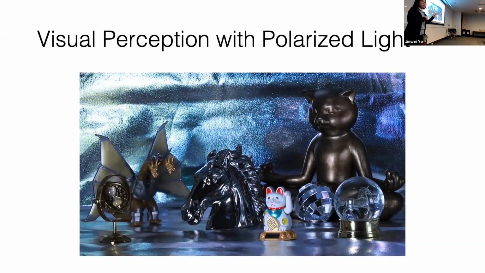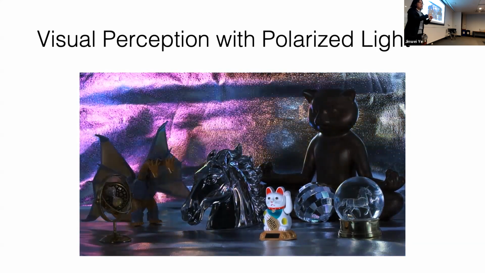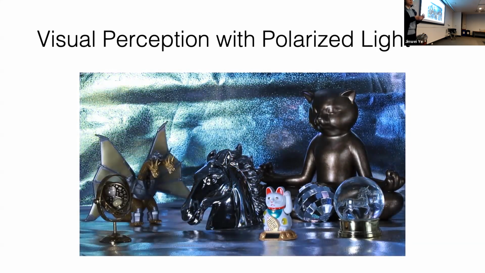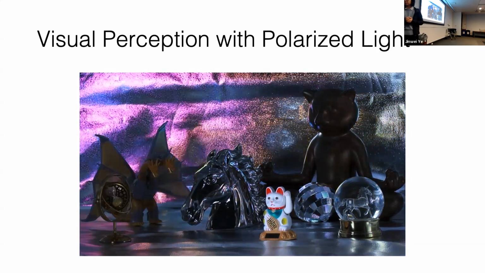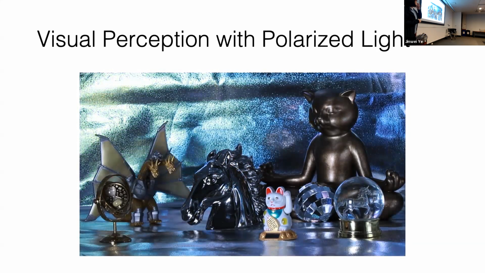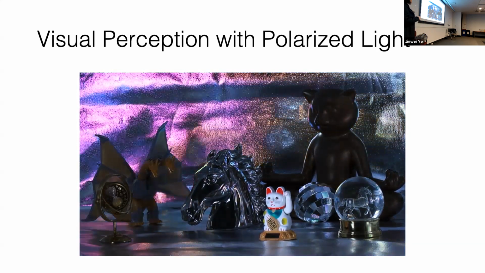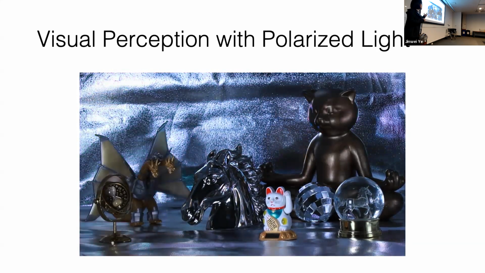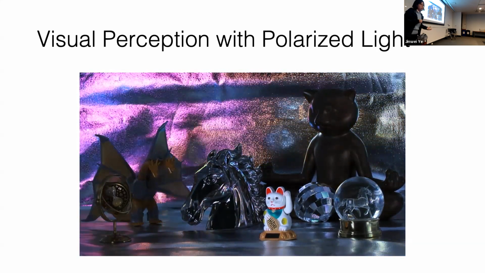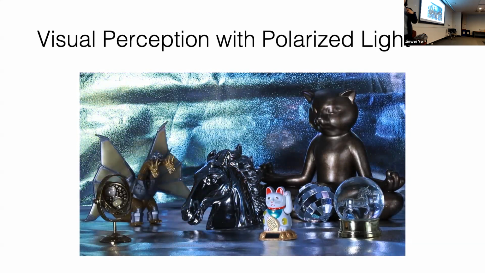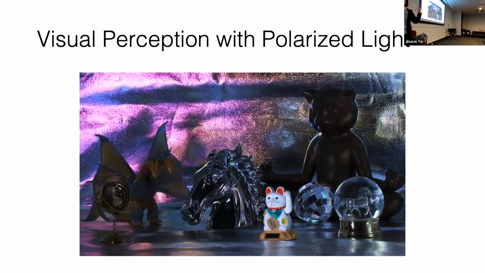The color camera is still the same camera that I use. The only thing is that for this, I use a rotating polarizer in front of the camera. I just want to show you that polarized light gives us a very different representation of the scene, and that is very useful for us to interpret the scene.